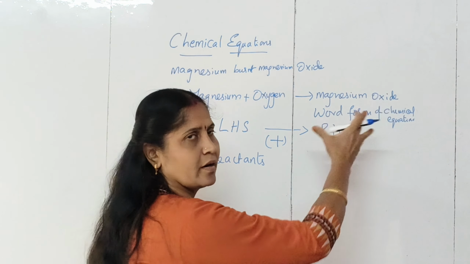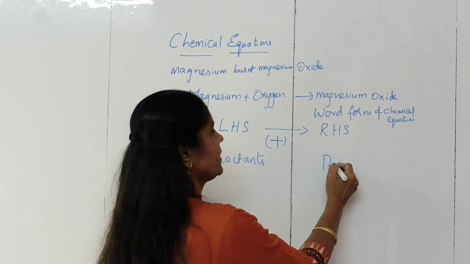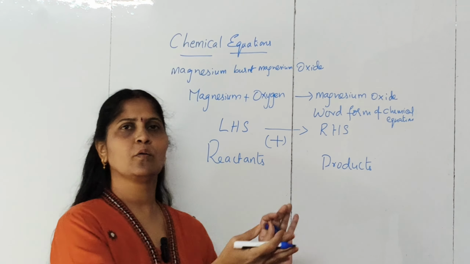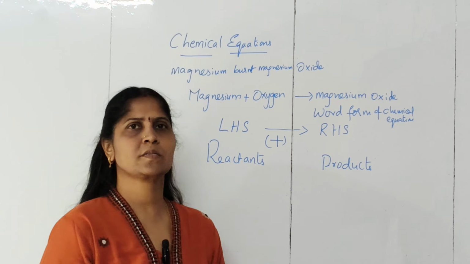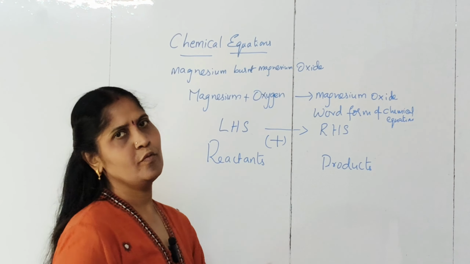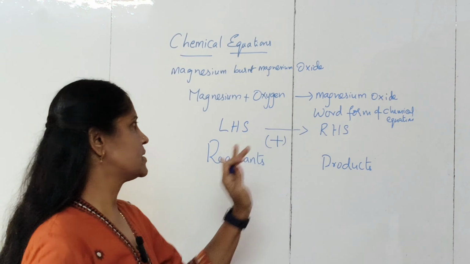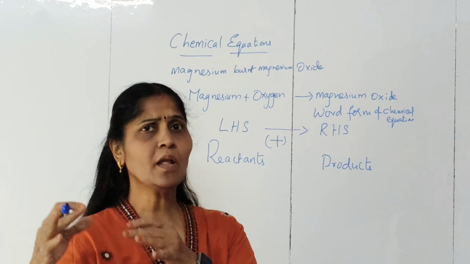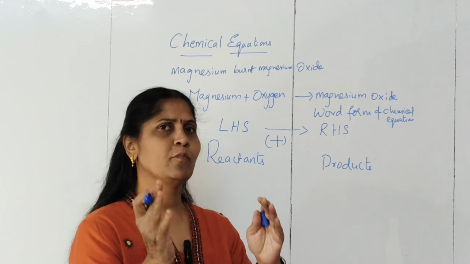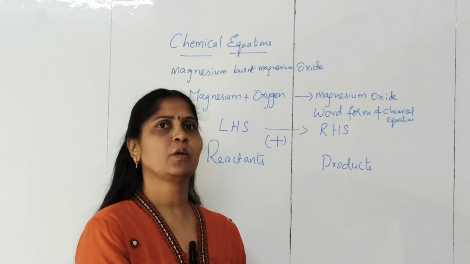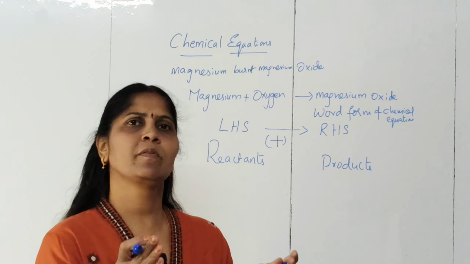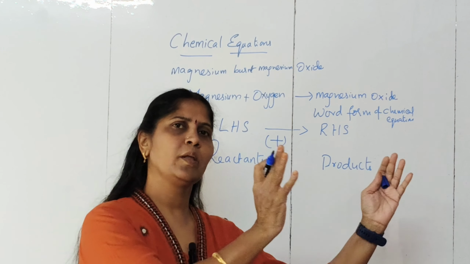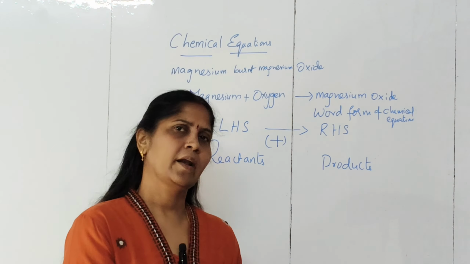On the right hand side, whatever you write is called the products. The new substance formed with different chemical properties compared to the reactants is called the product. The arrow indicates the formation of new substances from the reactants. The plus symbol indicates the substances present on the reactant side, and on the product side we also put a plus symbol whenever required, to indicate all the products formed.